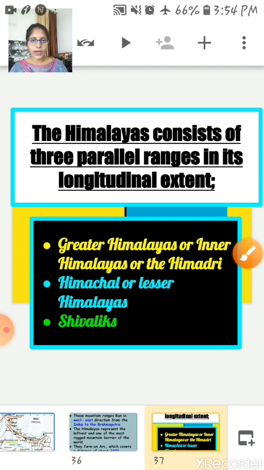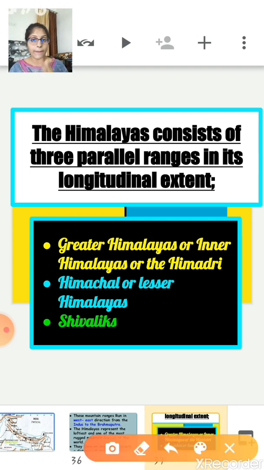Now the Himalaya consists of 3 parallel ranges in its longitudinal extent. First one is the Greater Himalayas or Inner Himalayas, also known as the Himadri. This is the first parallel range. Second one is the Himachal or the Lesser Himalaya, and the third range, Shivalik.